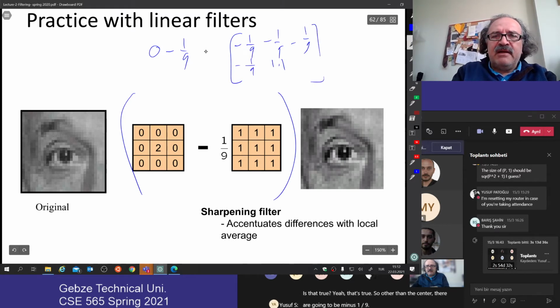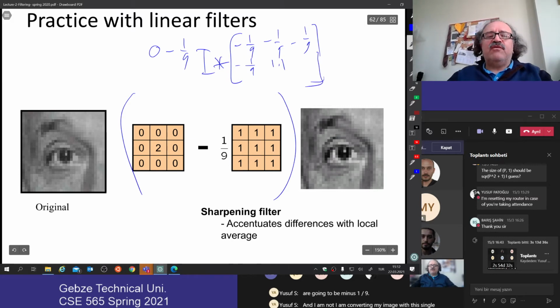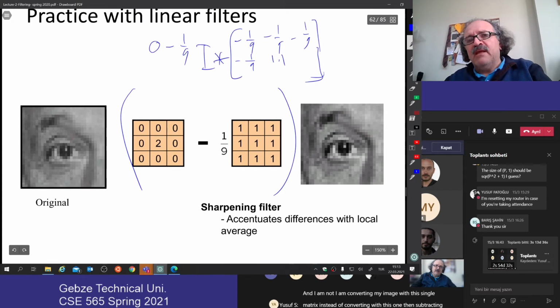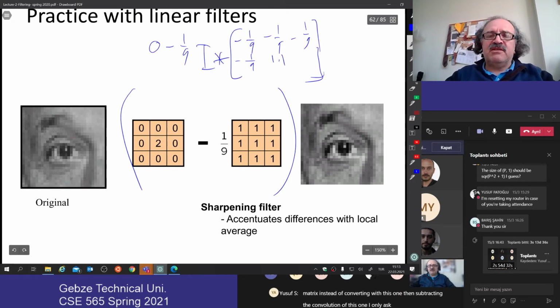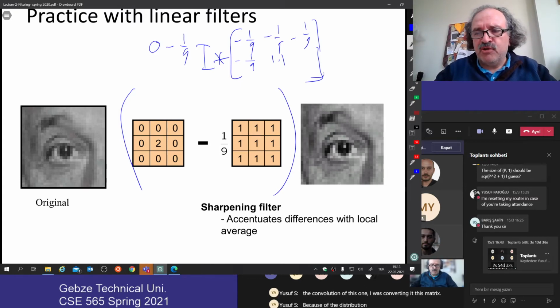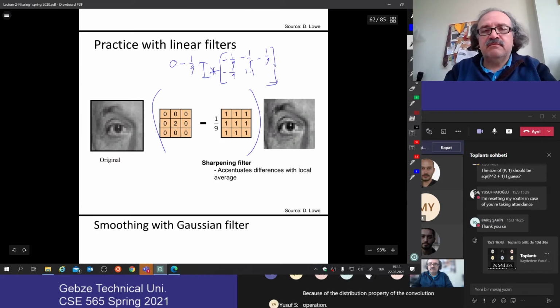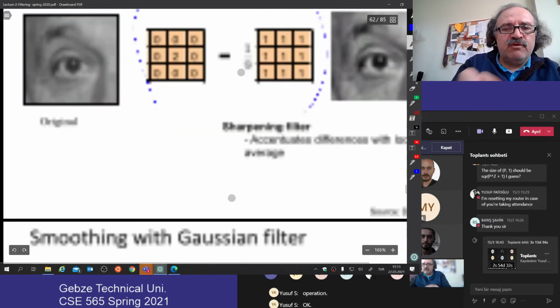And I am convolving my image with this single matrix. Instead of convolving with this one, then subtracting the convolution of that one, I am just convolving with this matrix, because of the distributive property of the convolution operation. Okay? So with the convolution, it is like this.